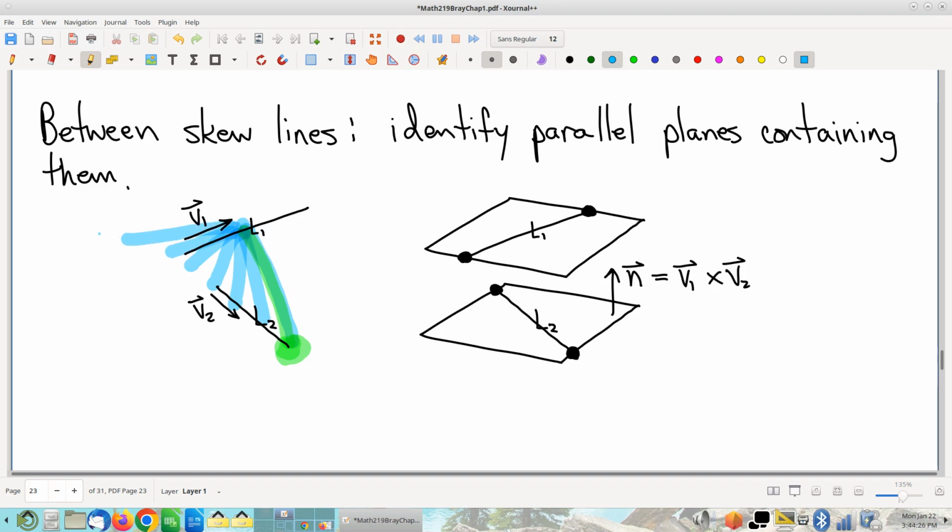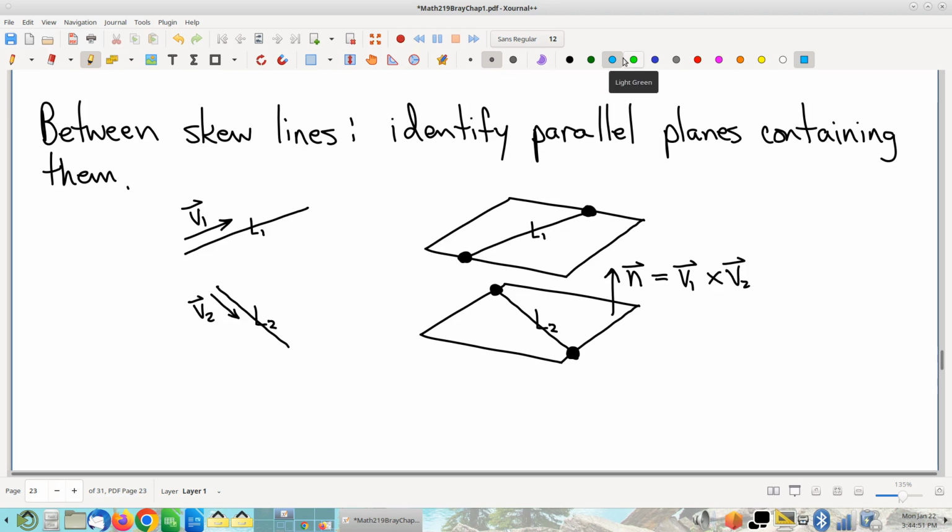Maybe it isn't. So don't forget that you have to look at all possible distances and see which is the shortest of all possible distances among all points on L1 and among all points on L2. So it's kind of a two-dimensional problem. So it's tricky. Here's the foot in the door.